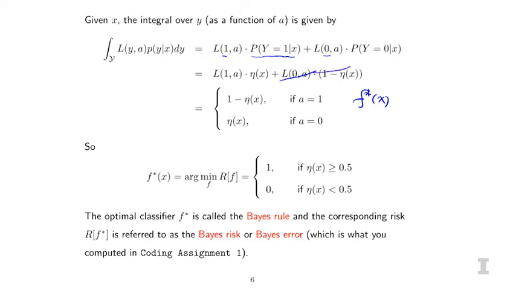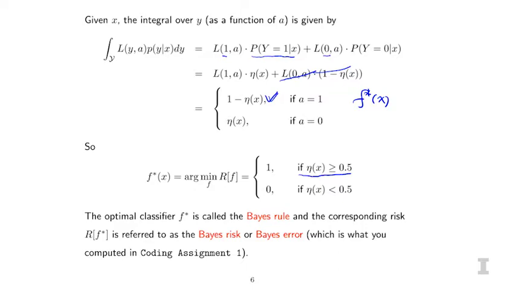Which a value will minimize this? It depends on the value of eta of x. Eta of x is a conditional probability, meaning it takes values from 0 to 1. So if eta is bigger than 0.5, which of the two numbers is going to be smaller? It's going to be this one, right? So that means if eta of x is bigger than 0.5, the optimal value we should assign to f star of x should be 1.